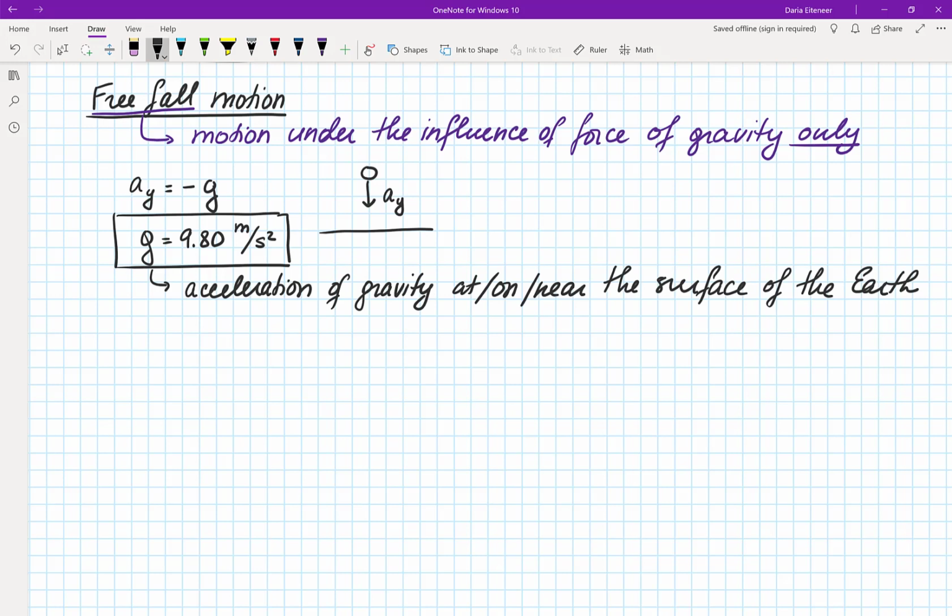Another quick note is that if you look at textbooks that were written pre-2005-ish, this value is probably going to be written as 9.81 meters per second squared.